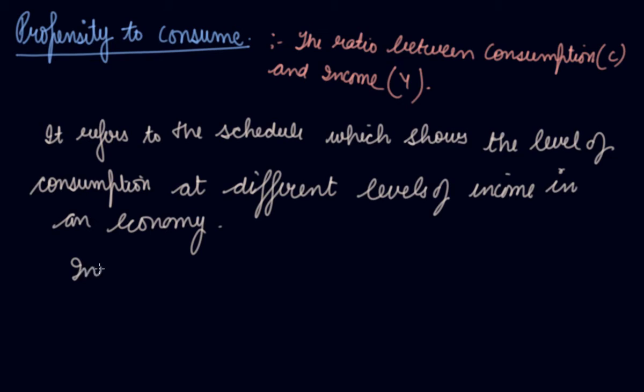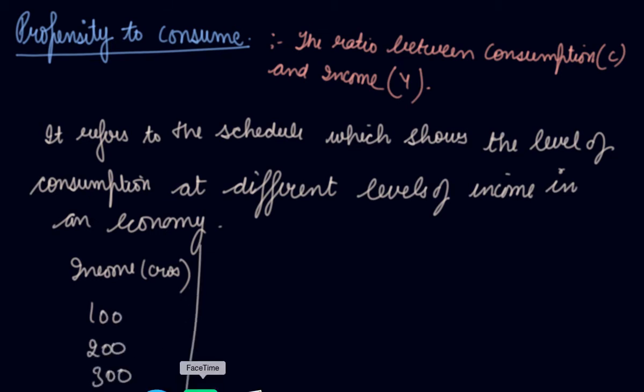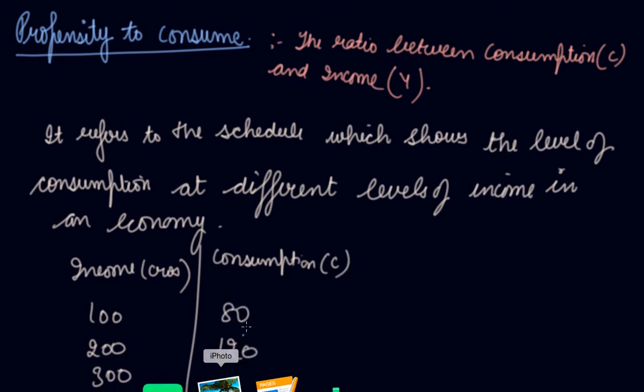See, if your income is, let's say, in crores, 100, 200, 300, and your consumption expenditure, that is C, is, let's say, 80, 120, then 200.